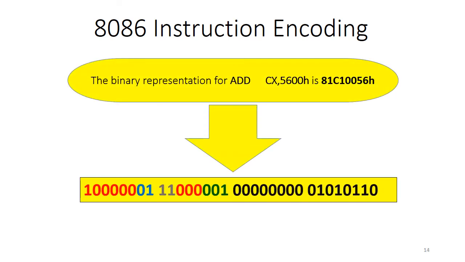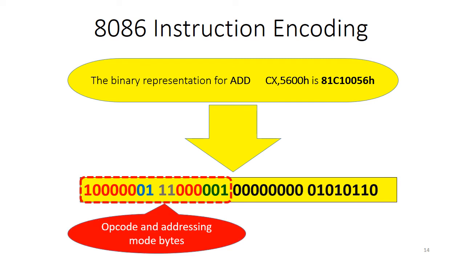We now have an illustration for an instruction that contains an immediate data value. The example instruction that we are going to use is the instruction that adds the immediate value 5600H to the value in register CX and stores the result in register CX. The binary representation of the instruction is as shown on the illustration.